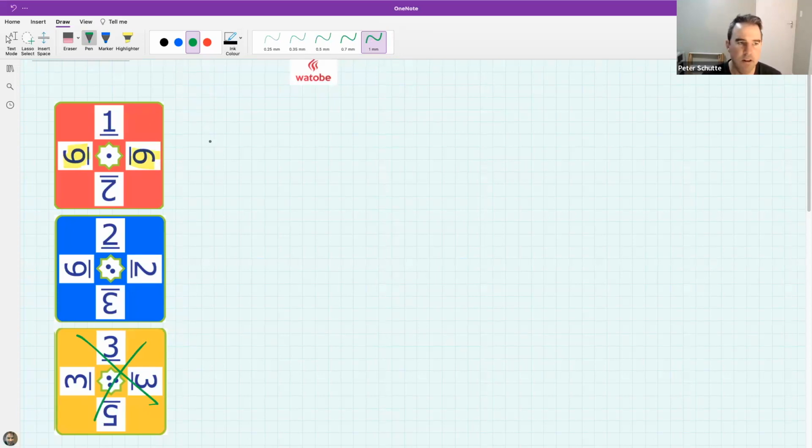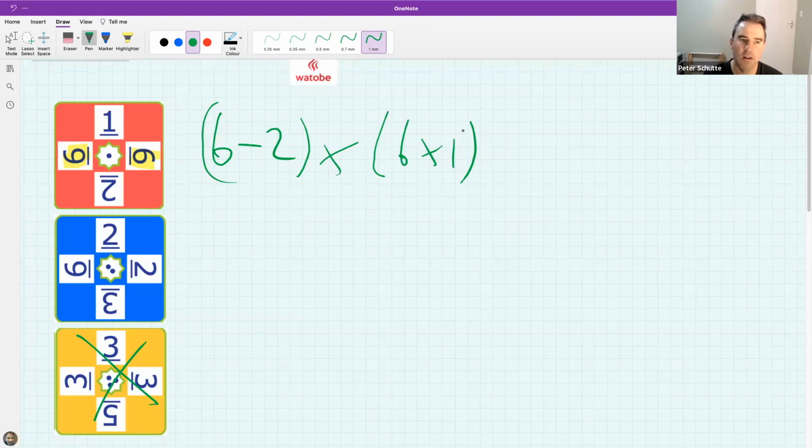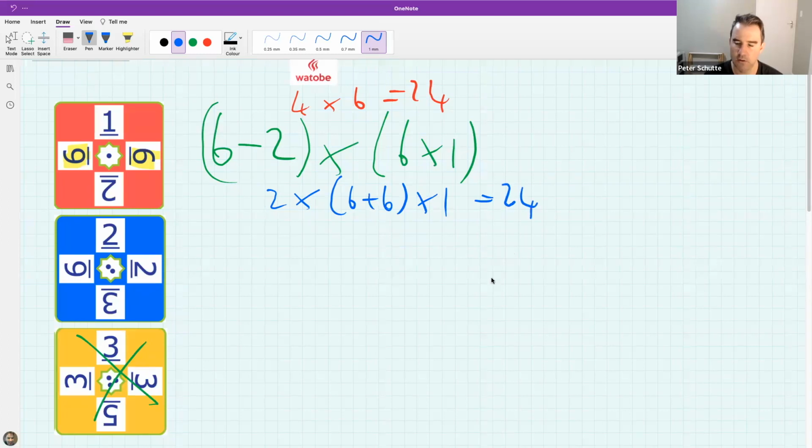Okay, iPhone said 6 minus 2 times 6 times 1, which I think is indeed 24. And Simpiwe has said 2 times 6 plus 6 times 1, which is also 24. Okay. Cass has got 3 times 5.